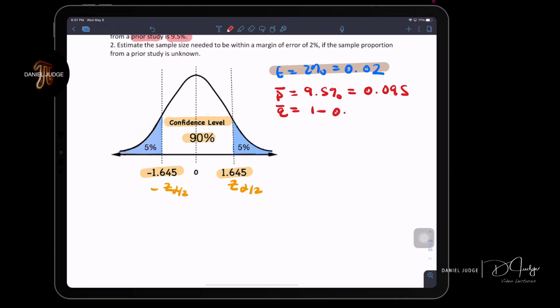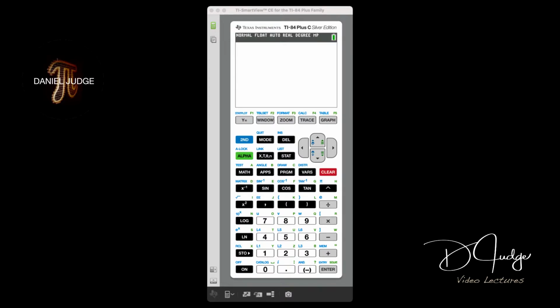It's 1 minus 0.095. We're going to find that value too. So in the TI now, 1 minus 0.095 becomes 0.905. So we're going to use this value too.